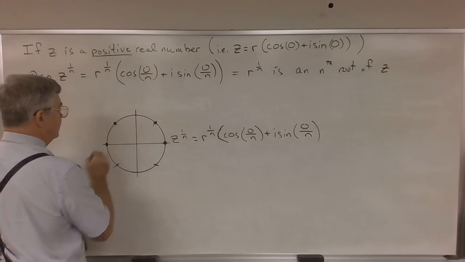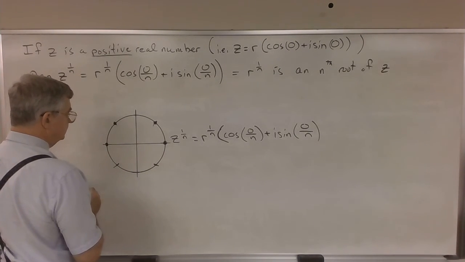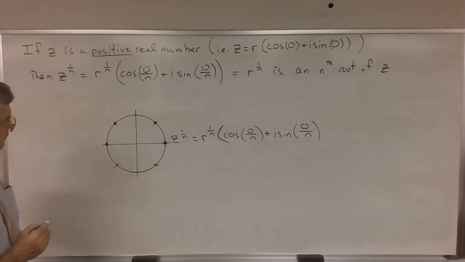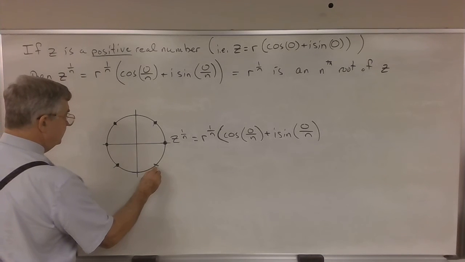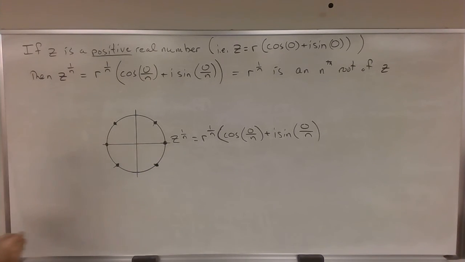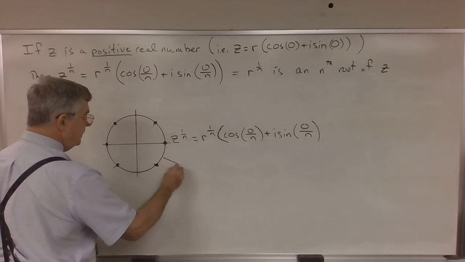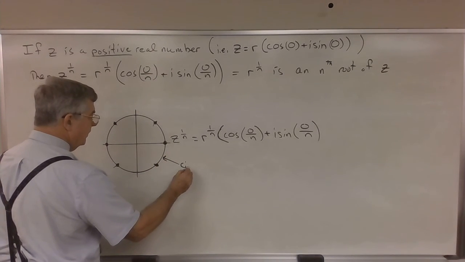Here's another one, right? Okay. So here's the sixth roots. I could have done better spacing those. But yeah, essentially, they're going to appear equally spaced around the circle. And this is going to be a circle of radius r.